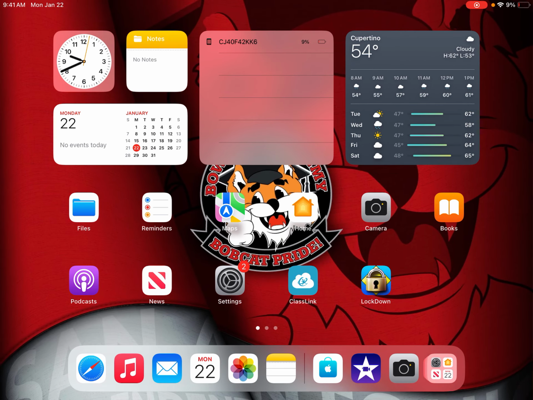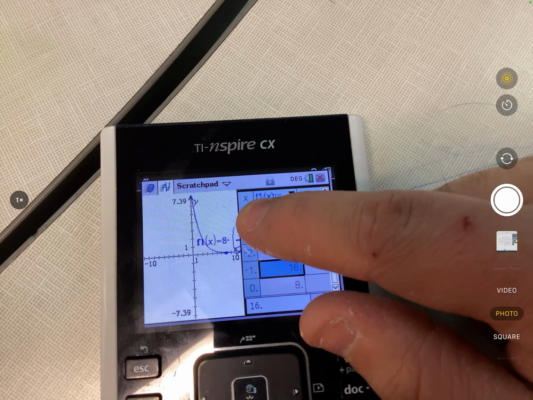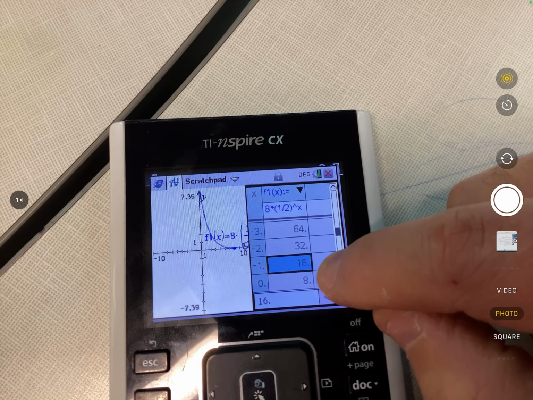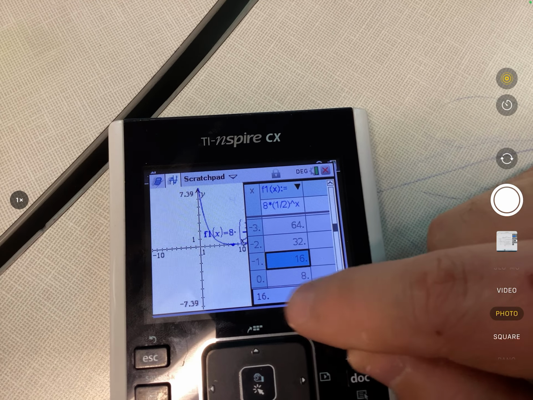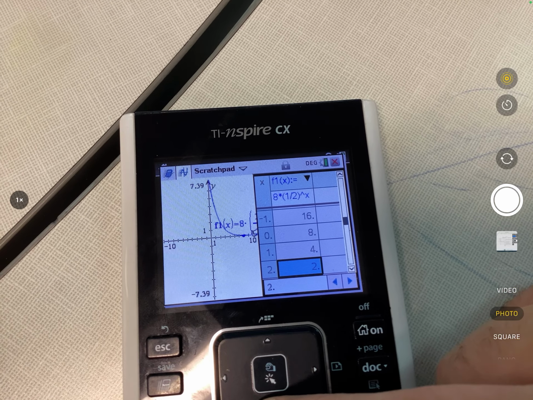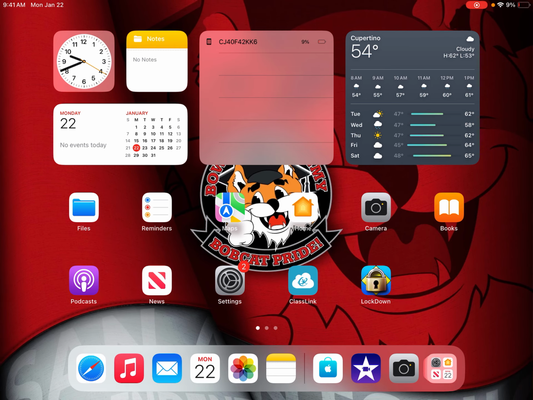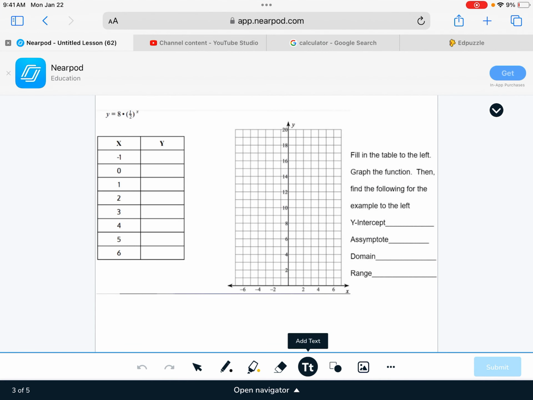Like literally, we're going to take our table, we're going to look at it right here, and we're going to say x is -1. And I'm going to see that 16 here. I'm going to see where 0 is 8. I'm going to see where 1 is 4 and 2 is 2. And I'm going to take those over to our graph here at our table.